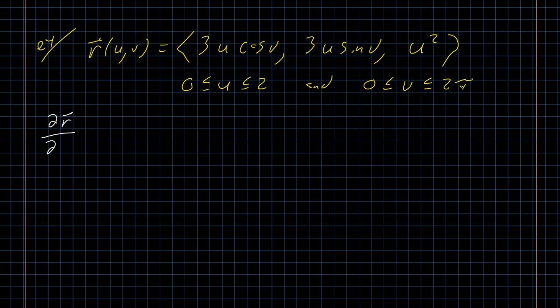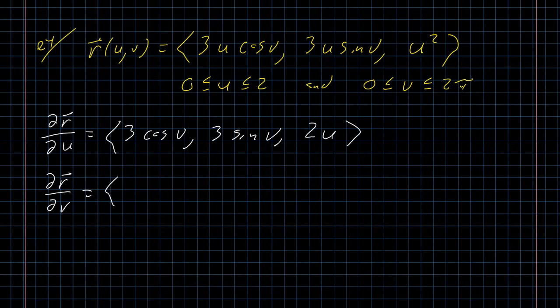The partial of r with respect to u has components 3 cosine v, 3 sine v, 2u. And the partial of r with respect to v is going to have components negative 3u sine v, 3u cosine v, and 0.